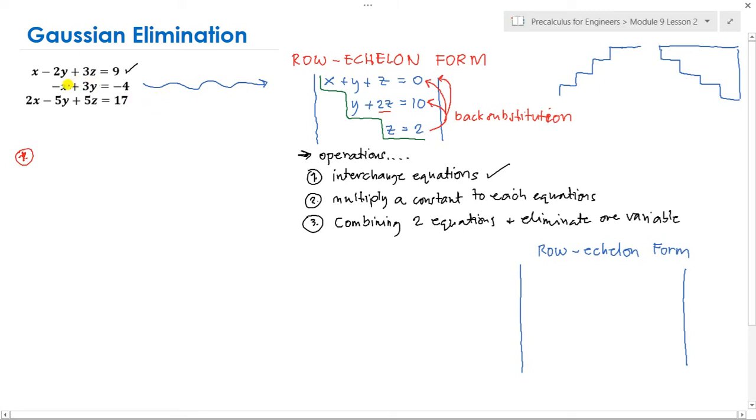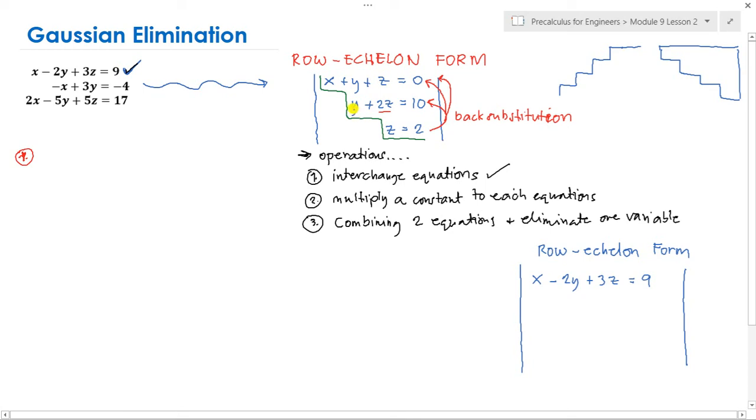We cannot use the second because its leading coefficient is negative, and the third one is 2. Therefore we are going to consider this one as the first equation in our row echelon form. So you put here x minus 2y plus 3z is equal to 9. That one goes first. So the remaining problem is getting the second equation.